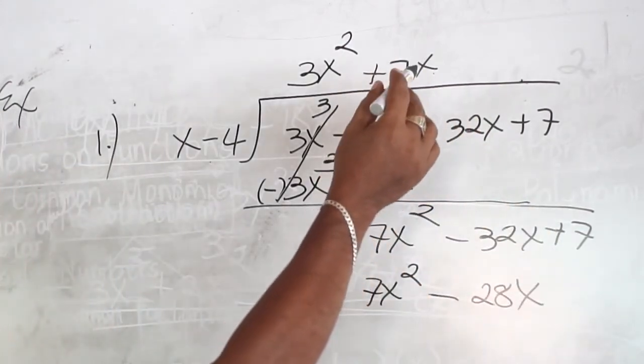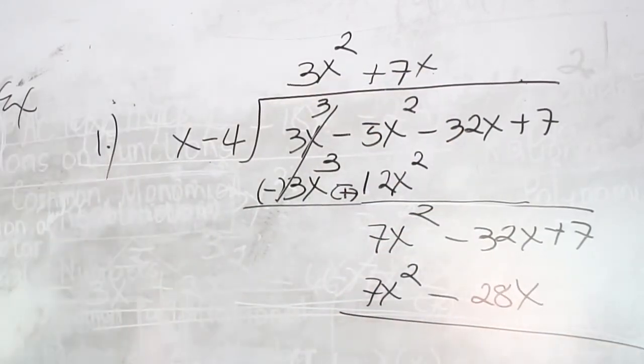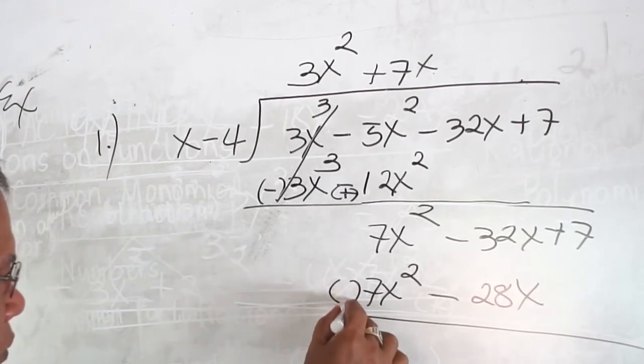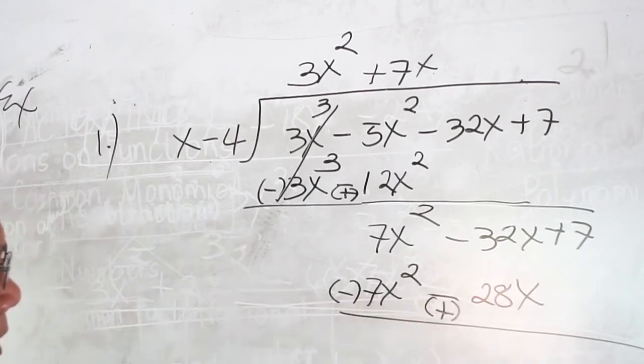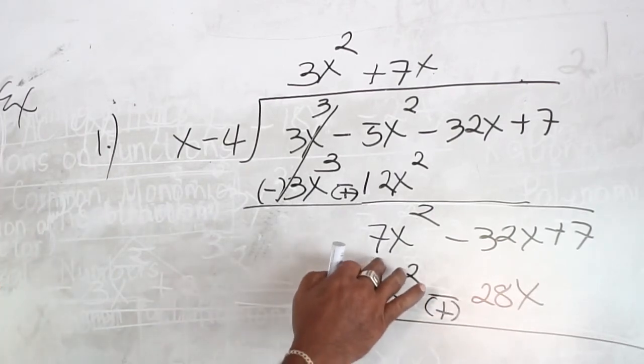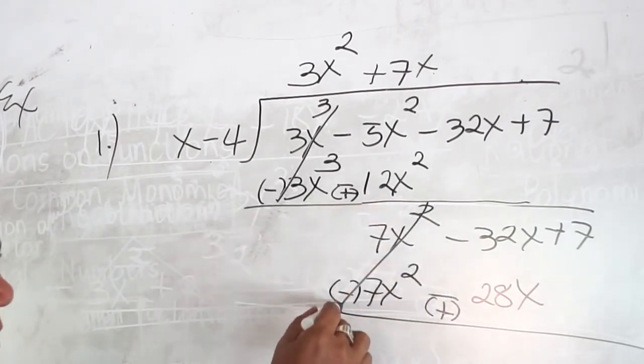Then change the sign of the subtrahend. So we have positive change to negative, then negative change to positive. Then add positive 7x squared and negative 7x squared, the result is 0.